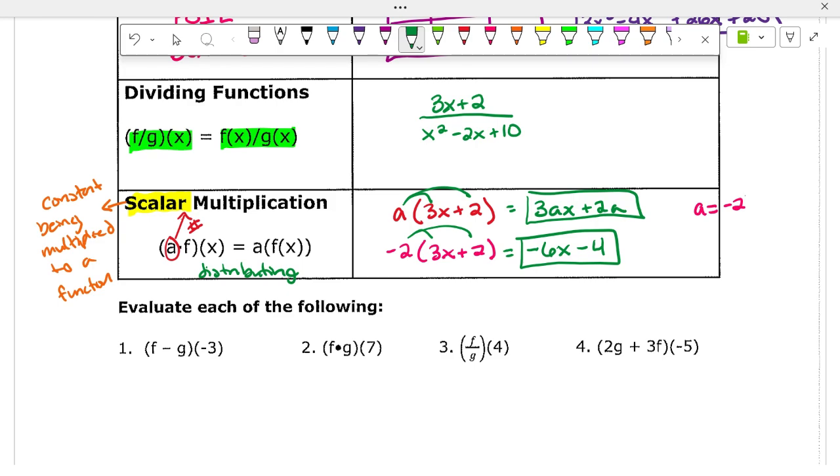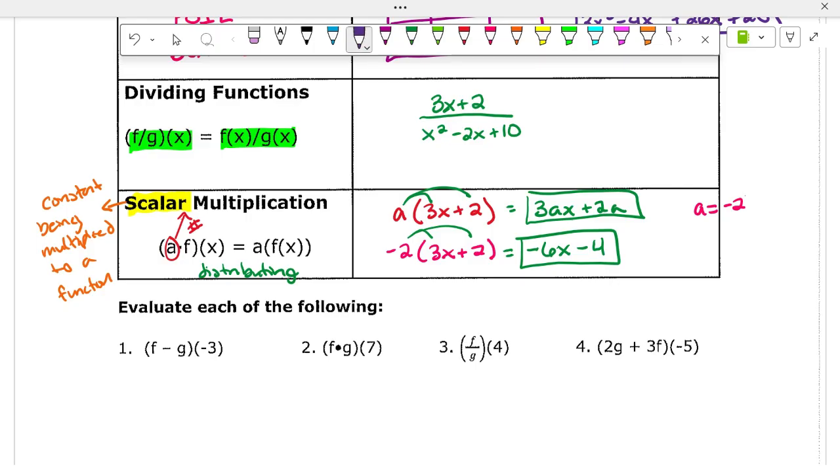Now, another thing that you may see with function operations, so don't be thrown if you see this, is occasionally they may throw an evaluation at you. My recommendation, when they throw an evaluation at you, do the evaluation of the individual functions before you do the operation.